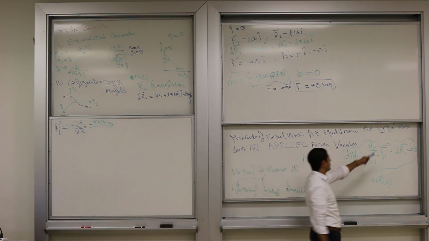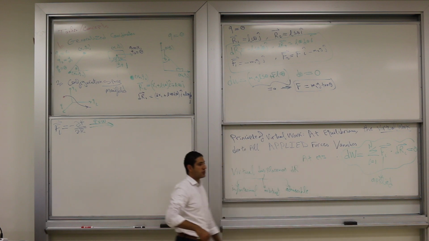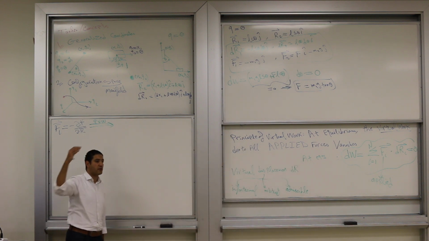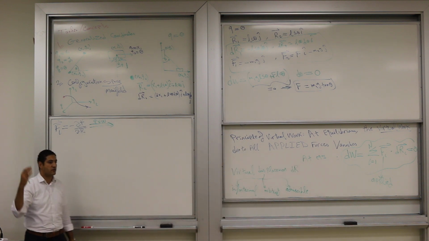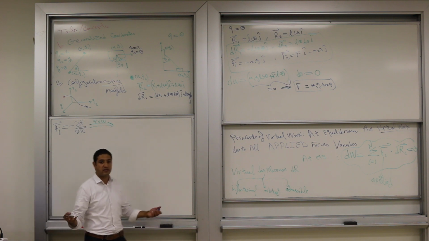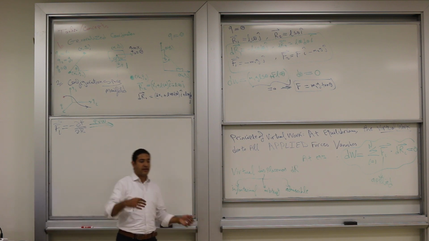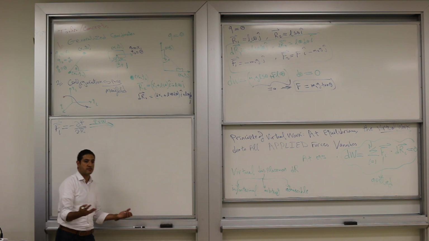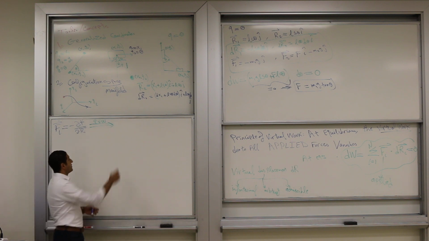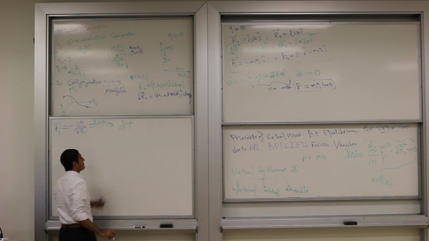So this is partial V partial R_i summation, or partial V partial R1 times dR1, partial V partial R2 times dR2, partial V partial R3 times dR3. This equals 0. But what is this? This is dV, right? So what is dV?